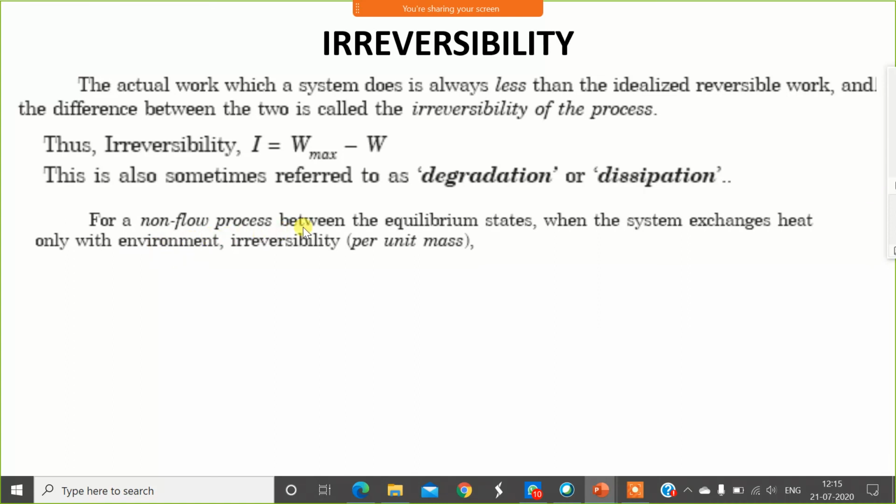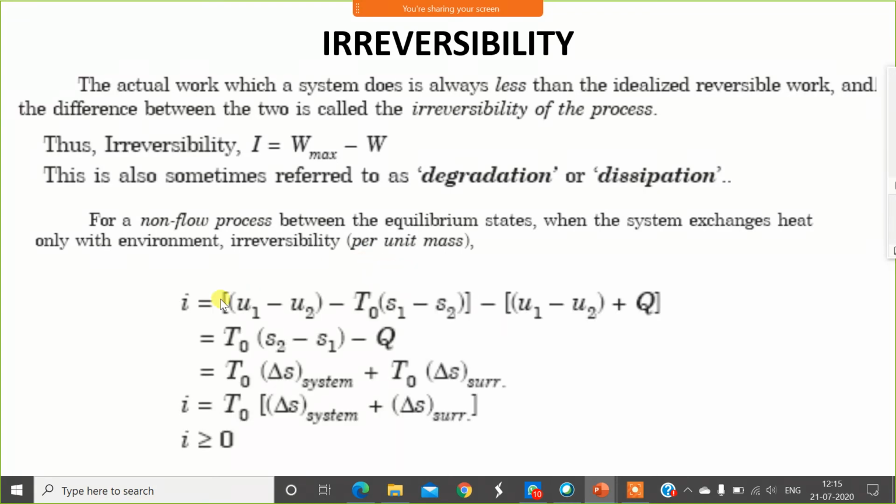For the non-flow process between equilibrium states, when the system exchanges heat only with the environment, we have irreversibility.